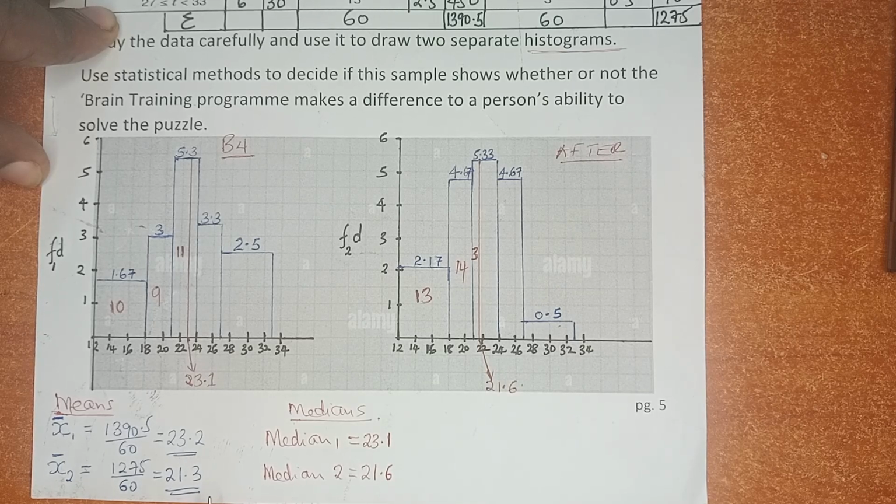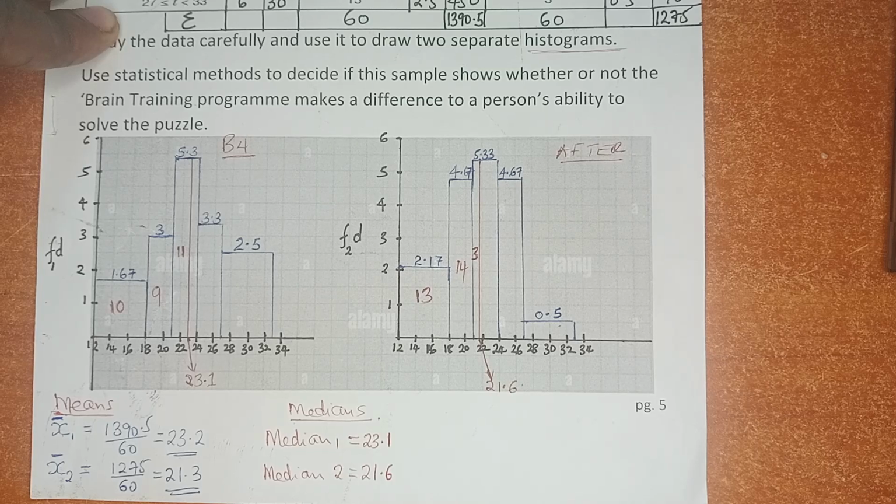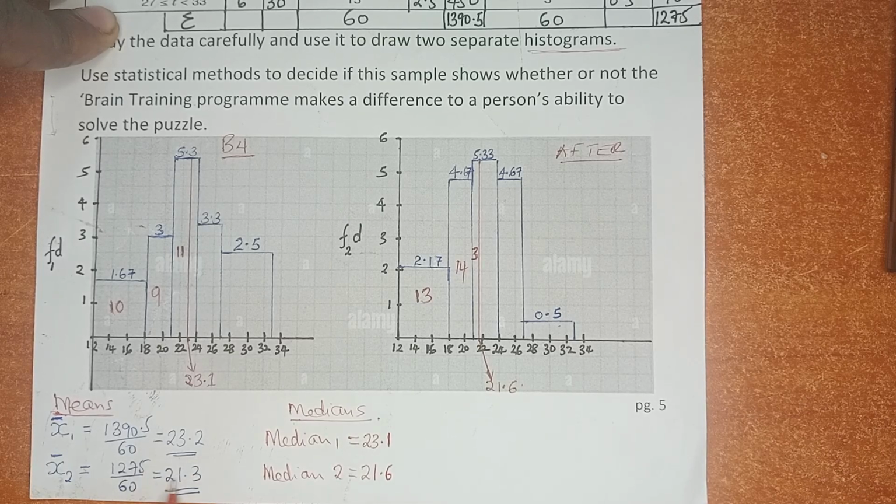So there is an improvement in the time taken to solve the logic puzzle. The average time is reduced. That means the participants can now reason faster and they use less time in solving the puzzle. That alone can already explain that the brain training is effective. Already, it tells me the brain training is effective.